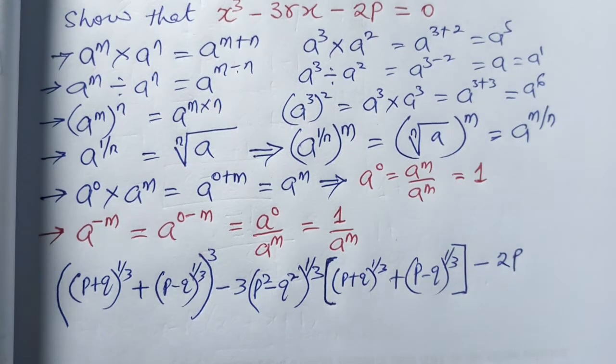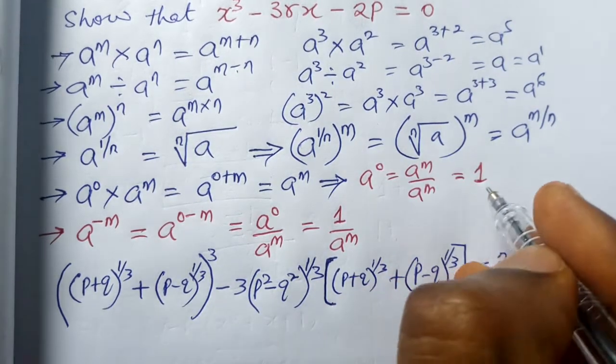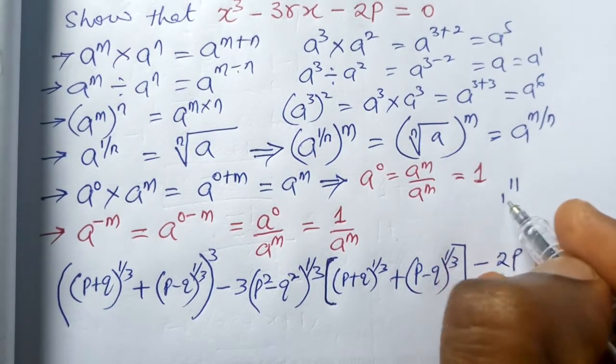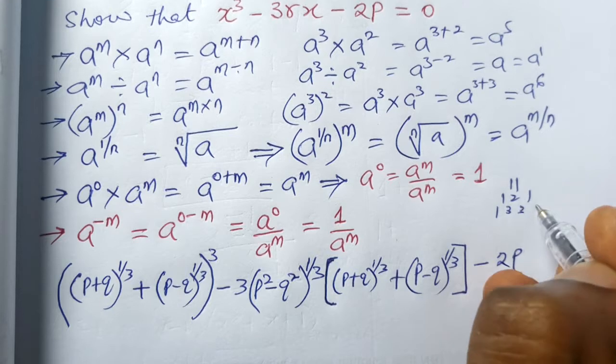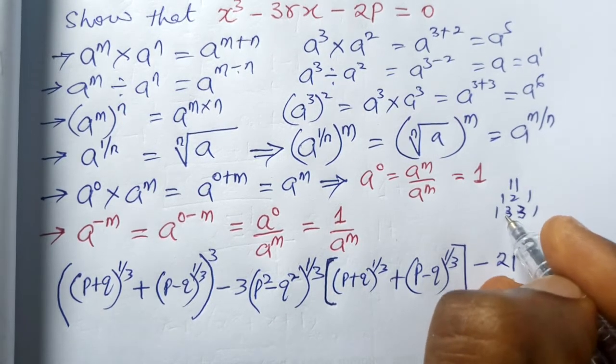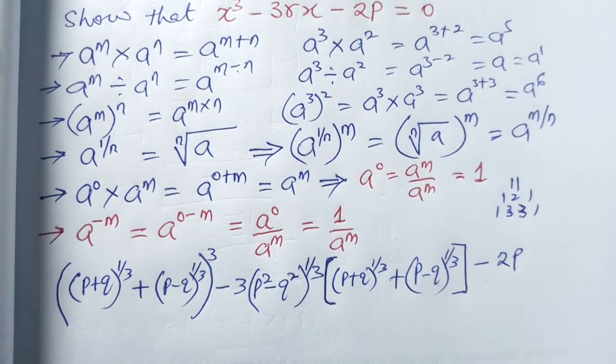What we will now do is open this bracket using Pascal's triangle. Remember our Pascal's triangle that we did before: 1 1, 1 2 1, 1 3 3 1. Since it is raised to power 3, we stop at 3 and we just write it like this.